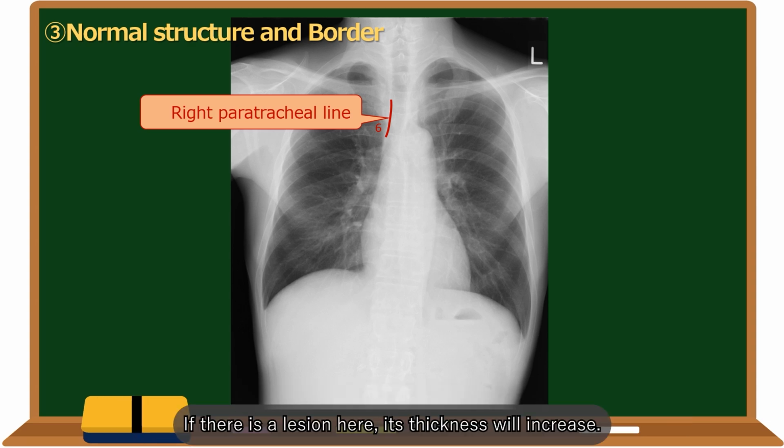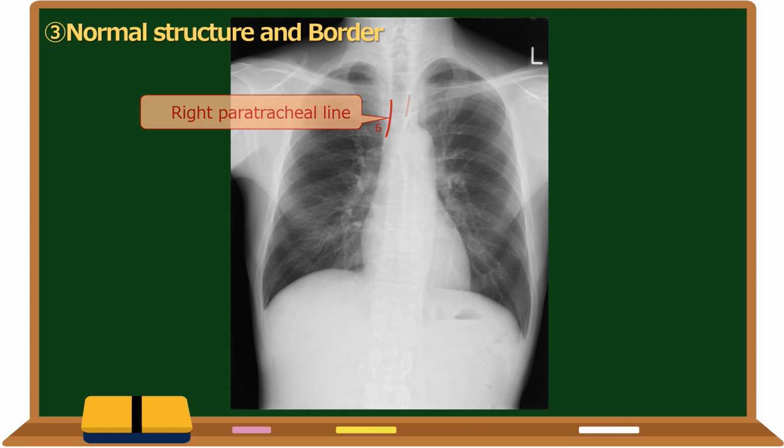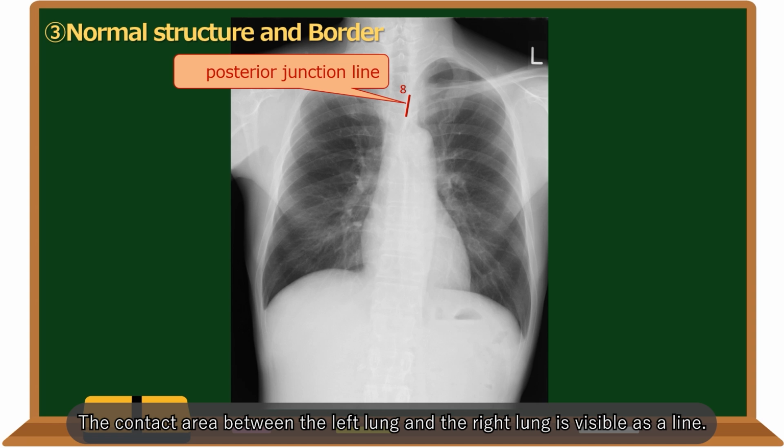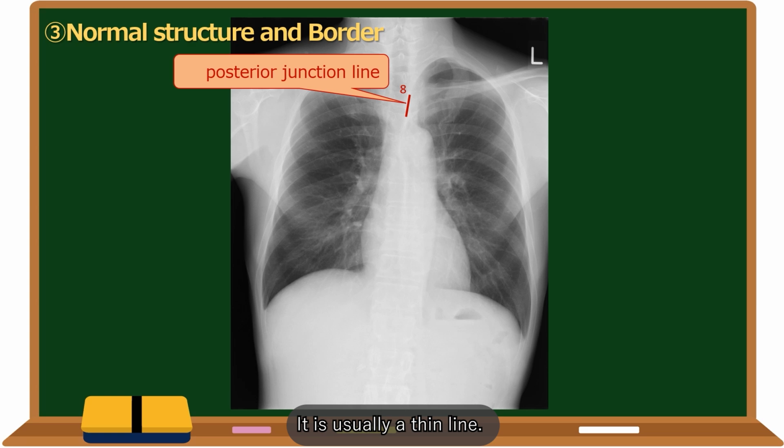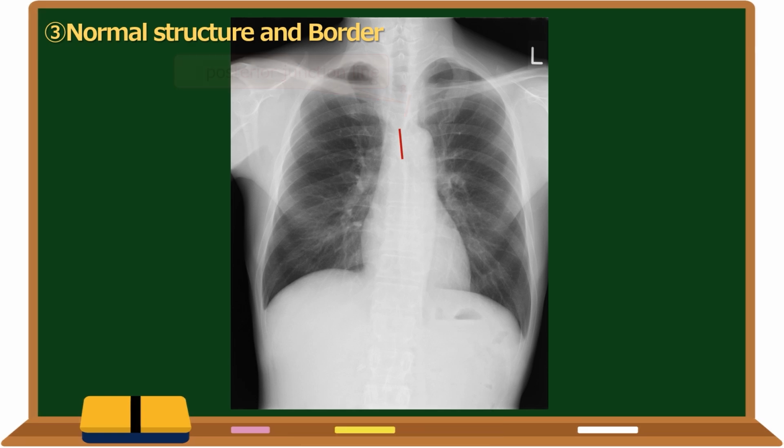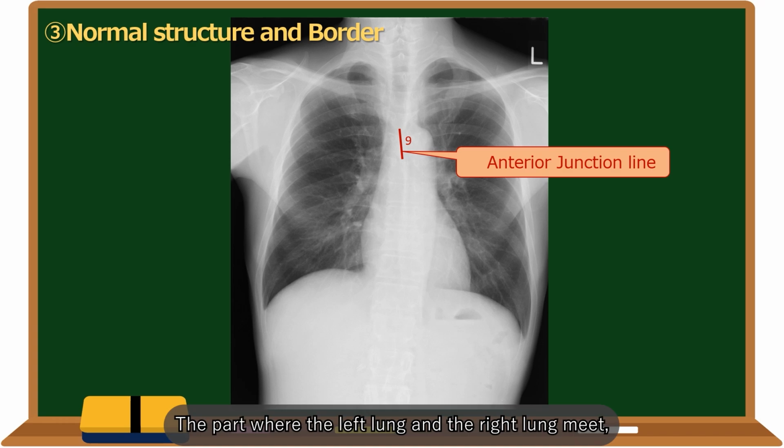If there is a lesion here, its thickness will increase. The contact area between the left lung and the right lung is visible as a line. It is usually a thin line. The part where the left lung and the right lung meet. It is the boundary line located at the front.